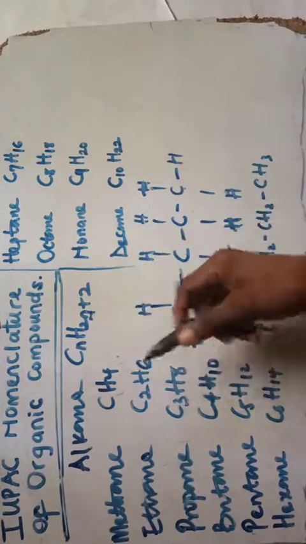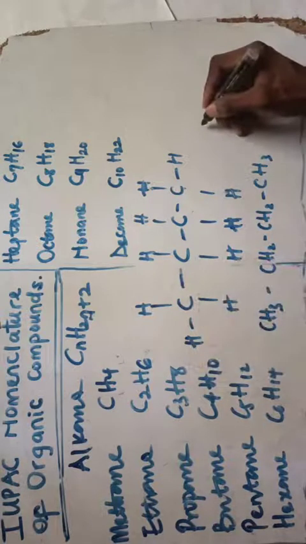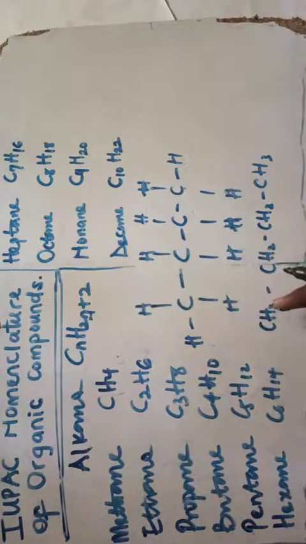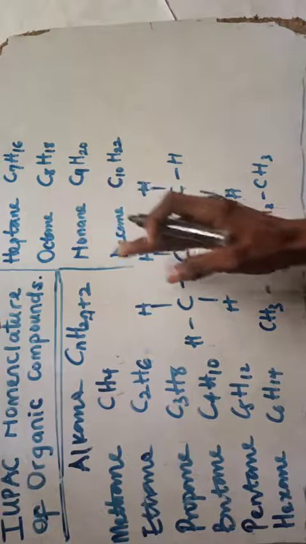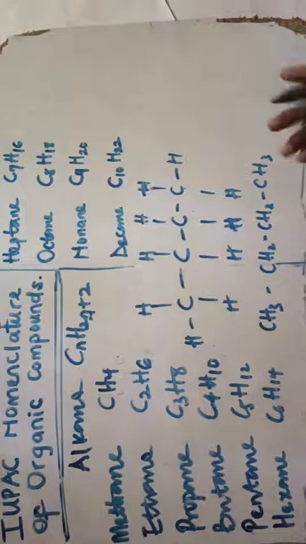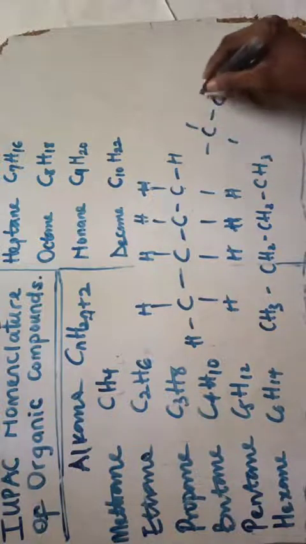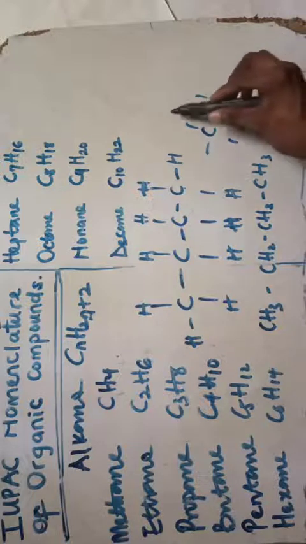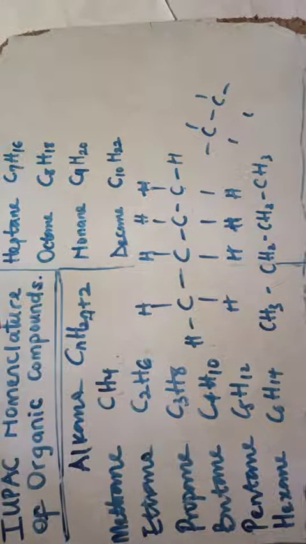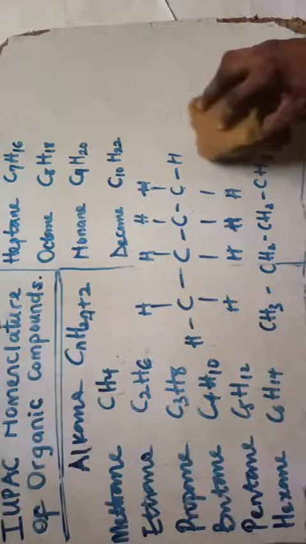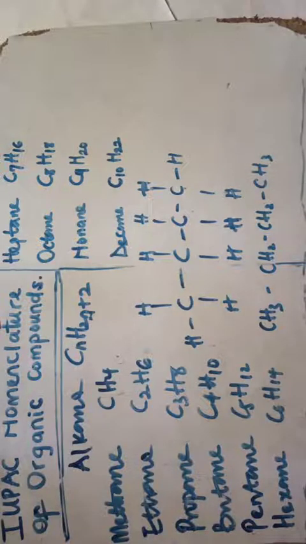So that was what I wrote earlier. If it were ethane, ethane will just be CH3, CH3. This is first. Now let's reverse this to name this compound.